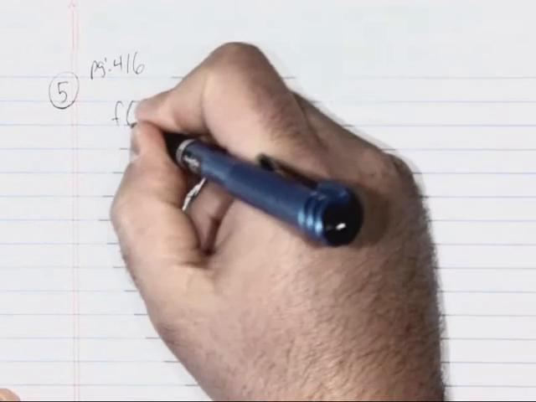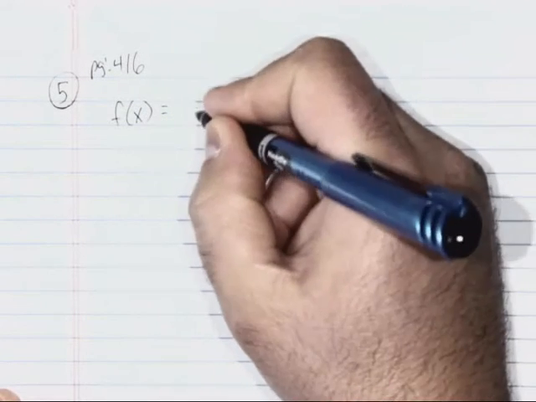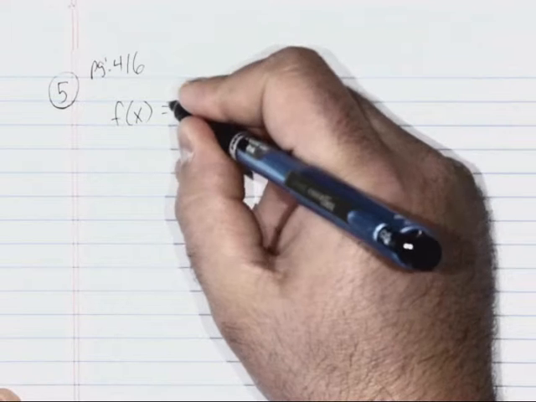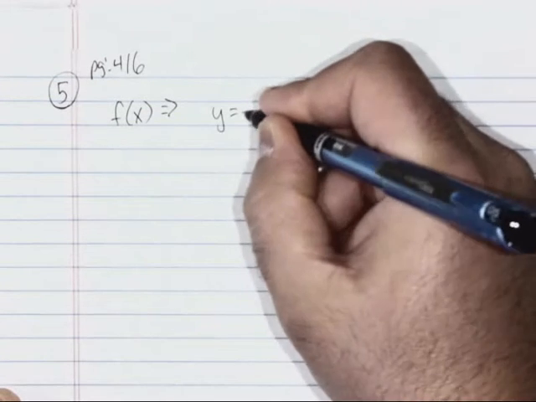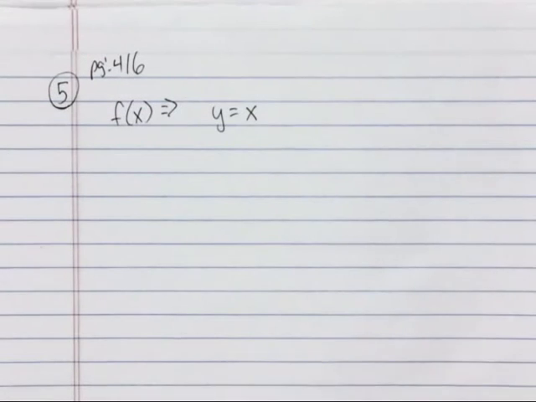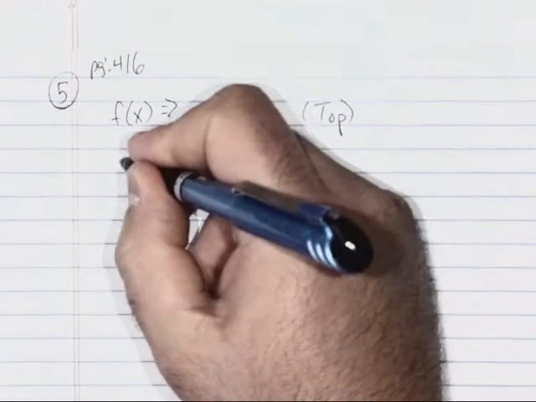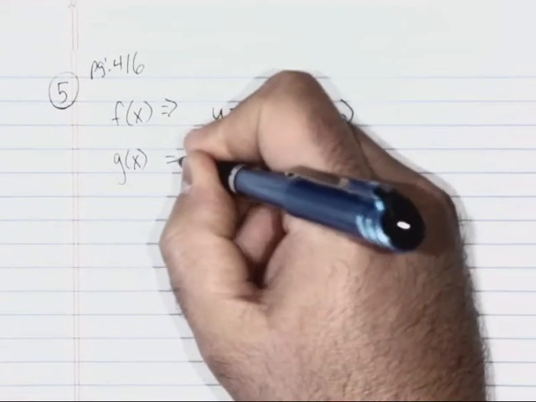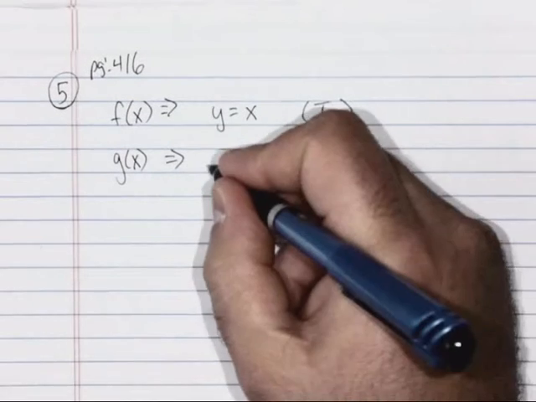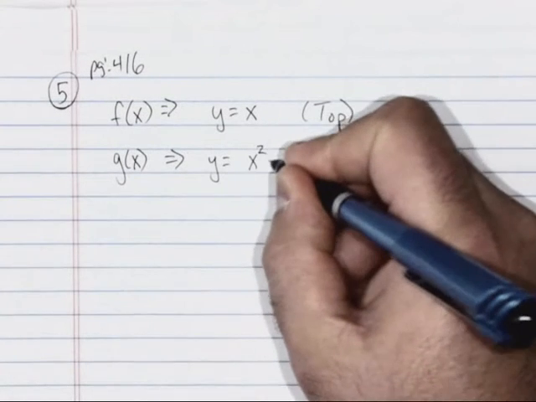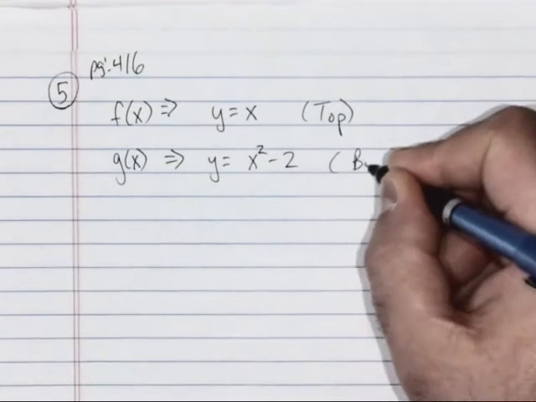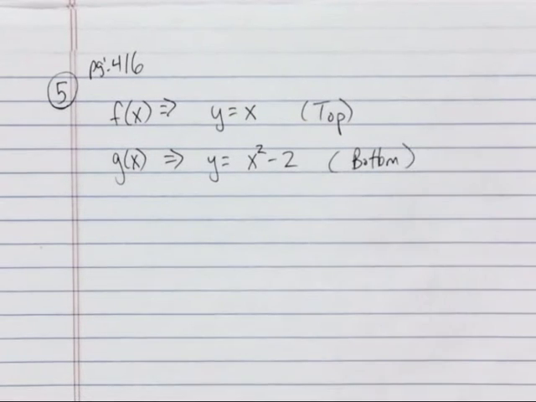So I'm going to label f of x as y equals x, since that's the top function. And then I'm going to label g of x as y equals x squared minus 2, since that's the bottom function, and that'll keep us in line with our definition when we get to it.